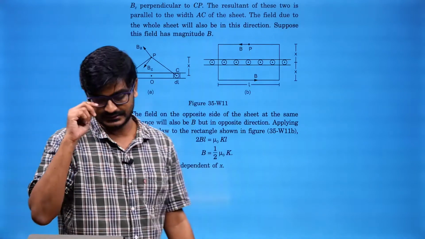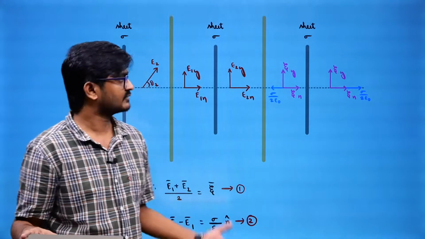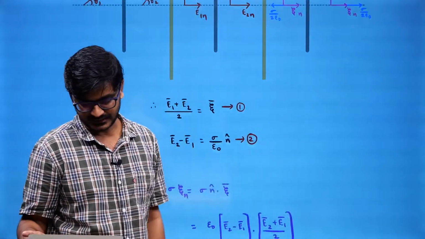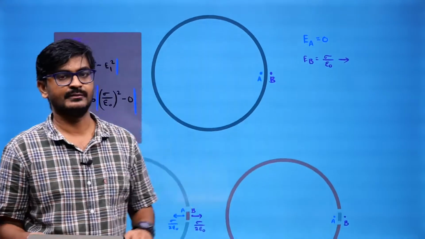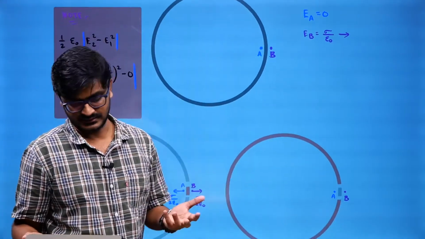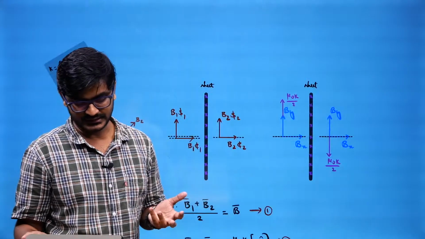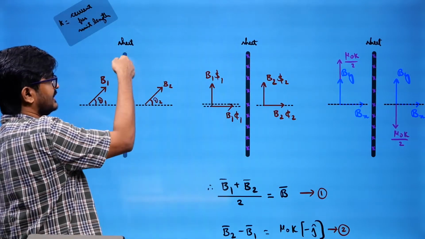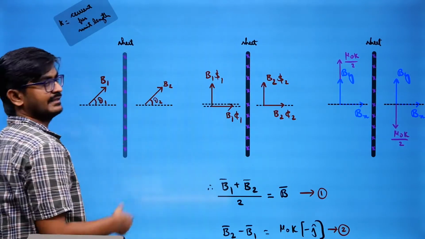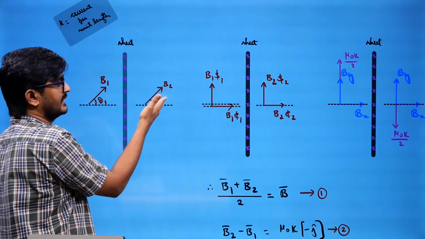Right, now why I am doing this is because in electrostatics we have done something like this. You can refer to electrostatics if you haven't, where we found pressure and saw how to do it for a uniformly charged sphere. Now we are going to do the same thing. We take a sheet whose current is going in this direction, and the magnetic field on this side is B1 making angle theta 1, and on this side is B2 making angle theta 2.